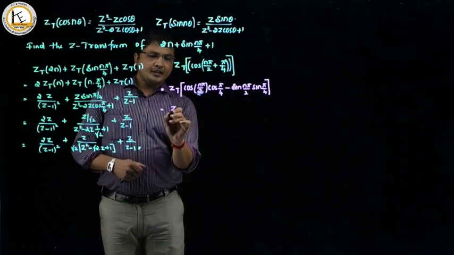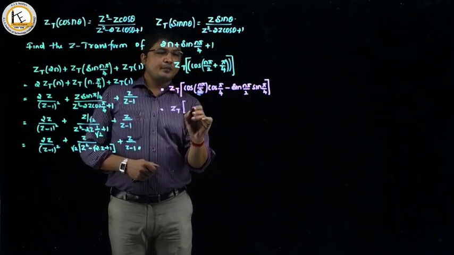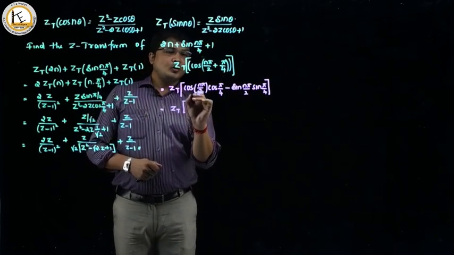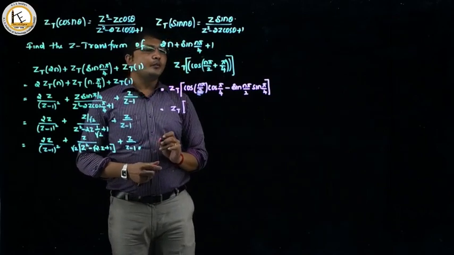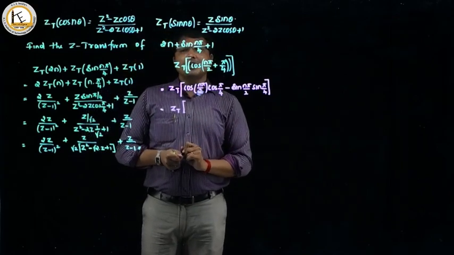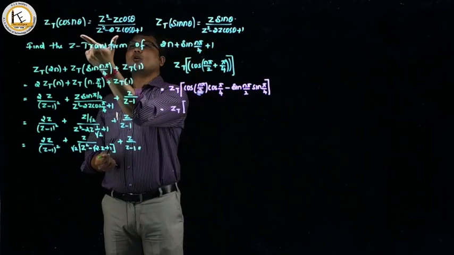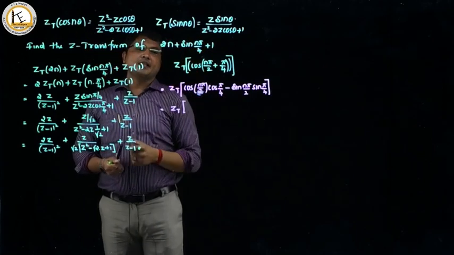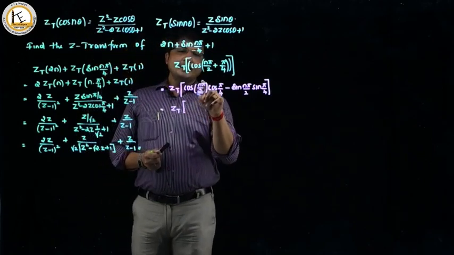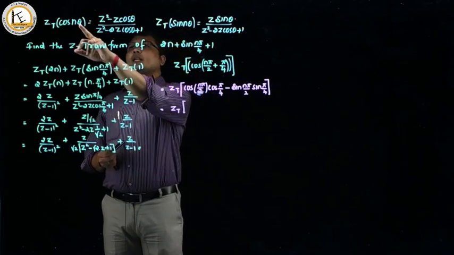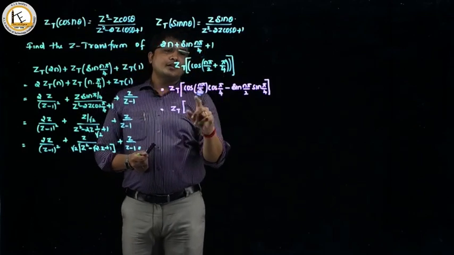So simplifying, z transform of cos n pi by 2. Obviously we can compare cos n pi by 2 with cos n theta. So cos n into pi by 2, here in place of theta we are having pi by 2.